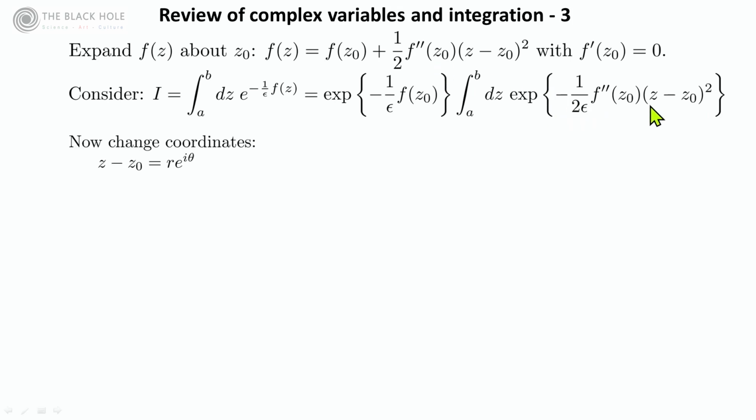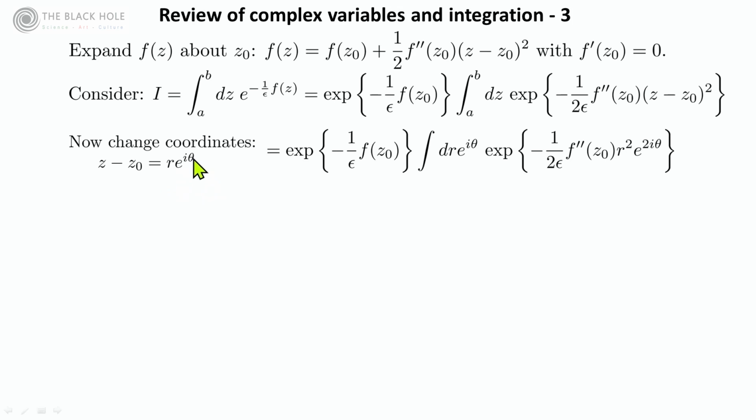Okay, now here I'm going to change my coordinates. I am in the complex plane, so my integral was along the x-axis, purely real, but now I'm going into the complex plane and I'm going to change coordinates. Z minus Z naught is equal to the real part of this thing, r, times e to the I theta. Okay, I'll stick that in. Well, dz is equal to dr, e to the I theta.